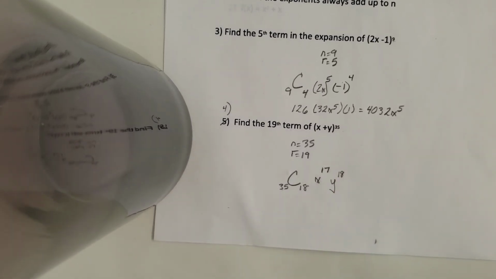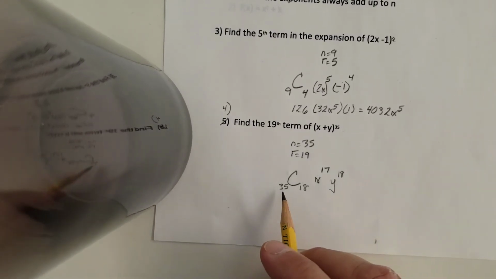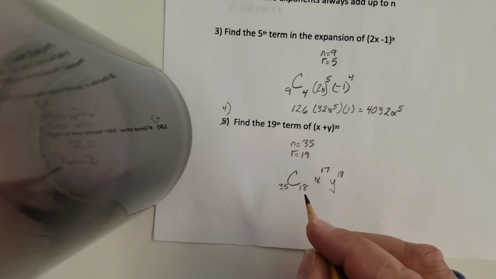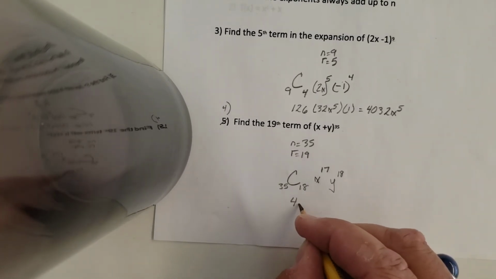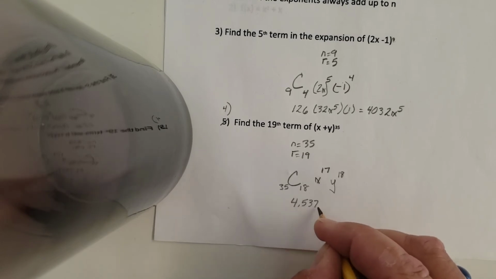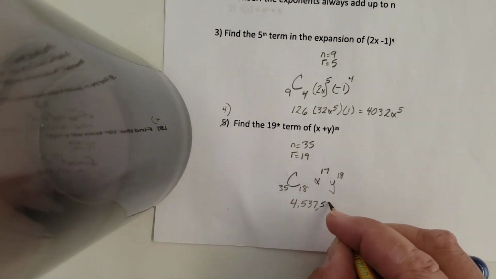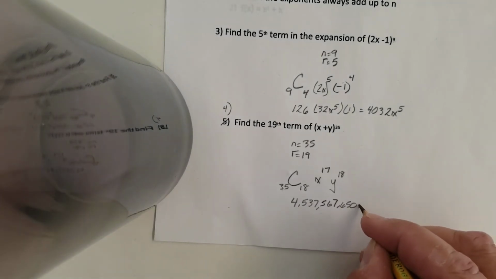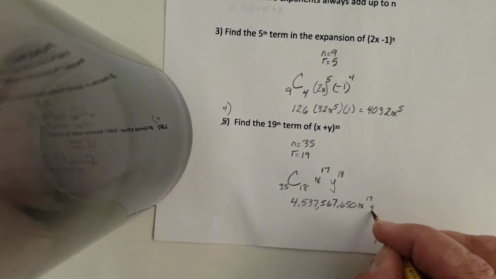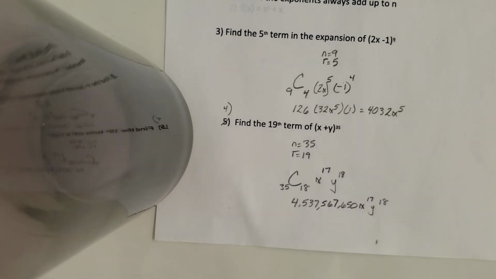The only real math here is 35 things taken 18 at a time. And that comes out to be 4,537,567,650 x to the 17th, y to the 18th. Okay, that's how you grab a term.